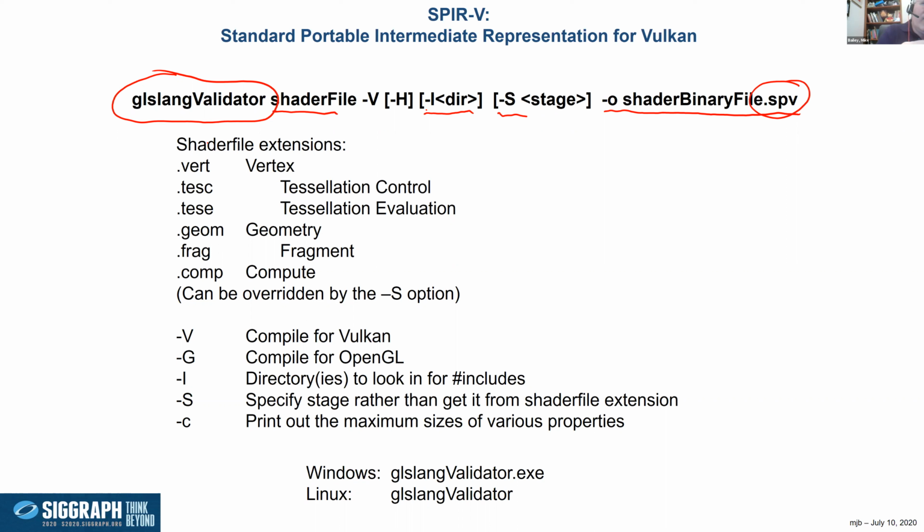These are the shader file extensions that the compiler knows about. So if you're using one of these extensions on your shader file, then you don't need to set what stage this is for. But if for some reason I want to say .v for my vertex shader, the compiler won't know about that, and so you'd better set the stage value.